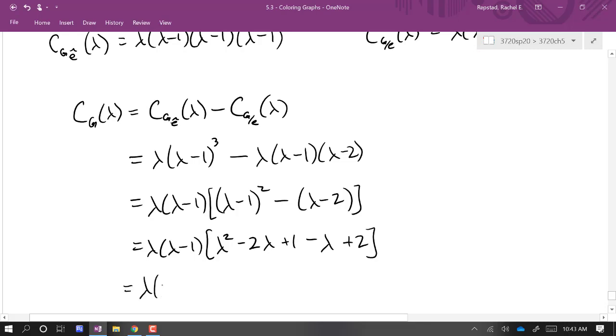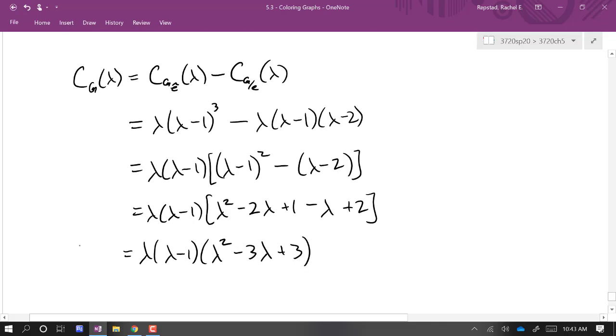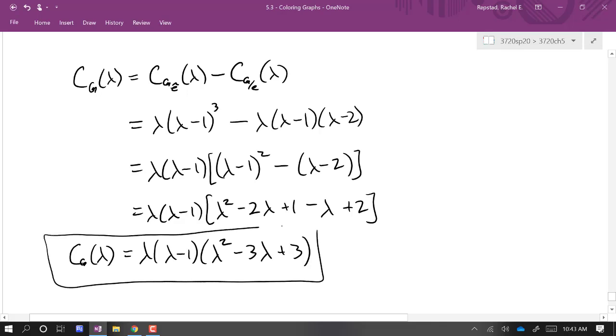So now we have lambda, lambda minus 1, and our last factor is lambda squared minus 3 lambda plus 3. And that is, of course, the same polynomial that we got before. It had better be, right? It's the same graph, so there should be just one result. And there's our chromatic polynomial.